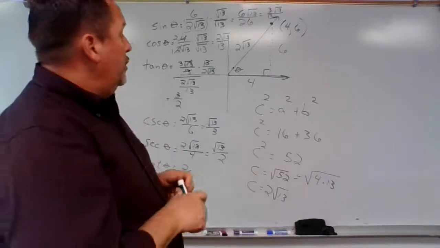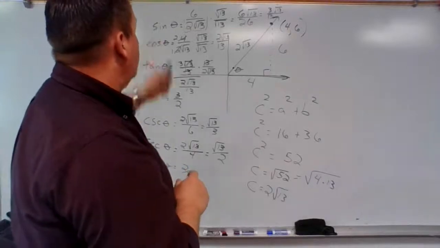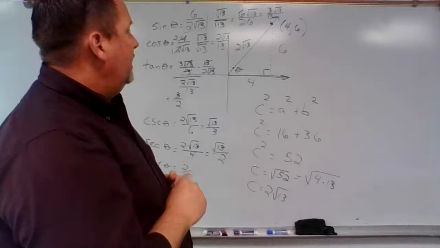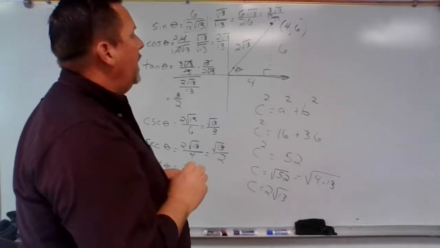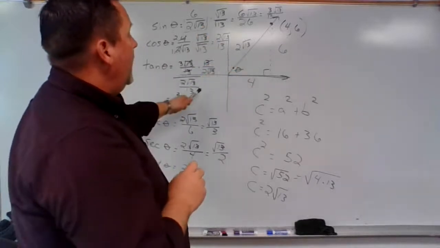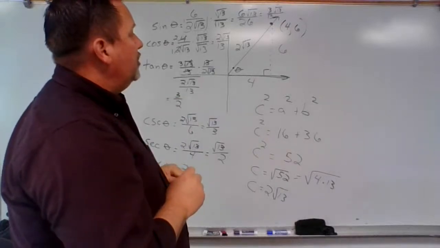If the y value is positive, then you know that sine is going to be positive, and its flip, cosecant, is going to be positive. Tangent's interesting because tangent will be positive when x and y are both positive, or when x and y are both negative. They'll cancel each other out.